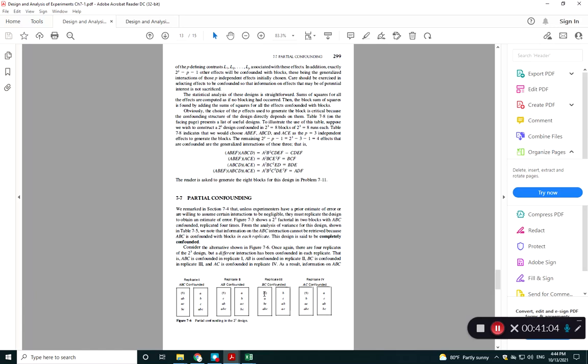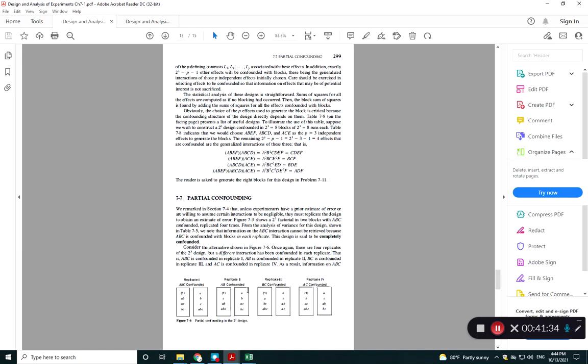fractional confounding versus full confounding. Which one usually got more confidence? If you're doing full confounding, means what? I know for sure something I don't care, and I don't care. But if you kind of like, I don't have the guts to say that, then I'll say that, okay, let me give you a little bit chance to investigate that.